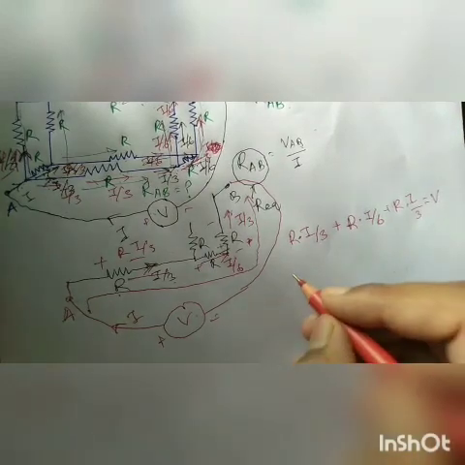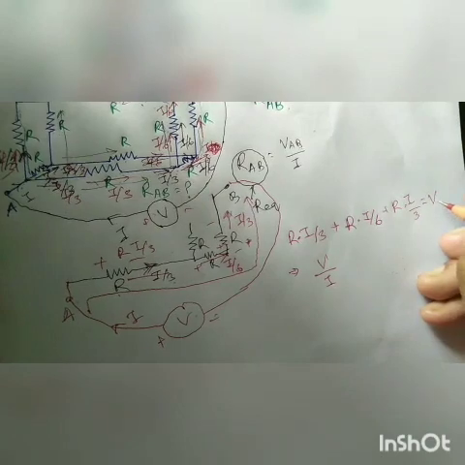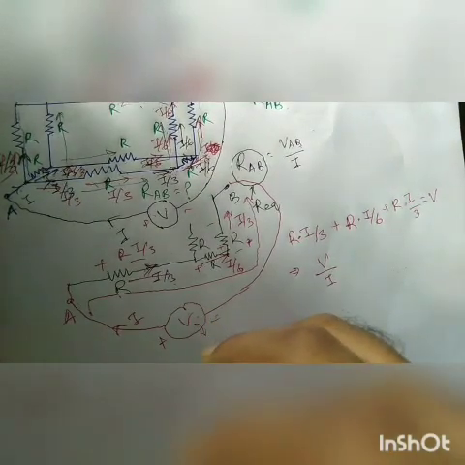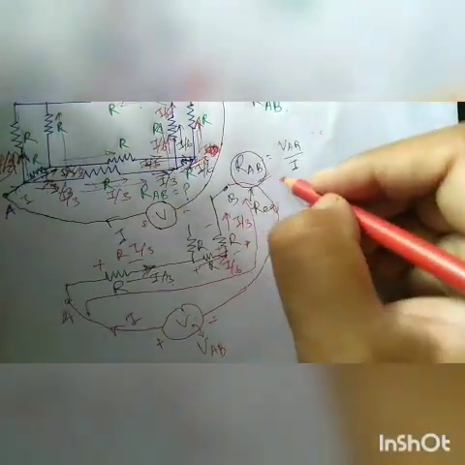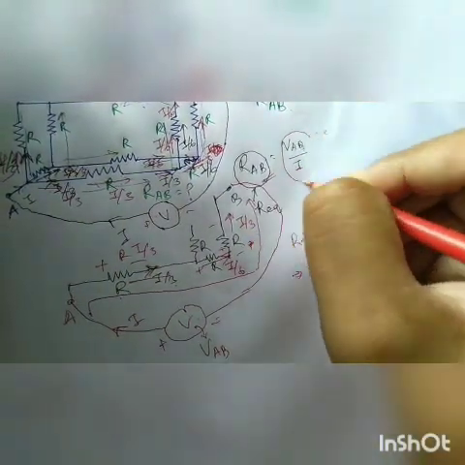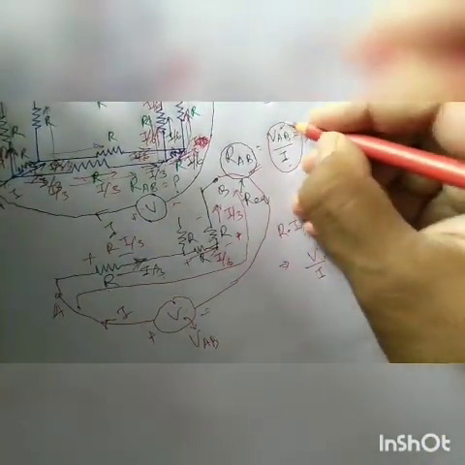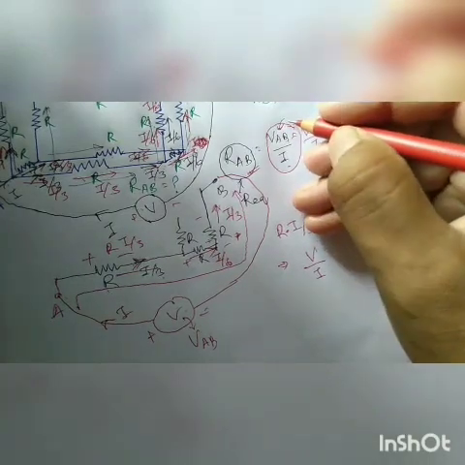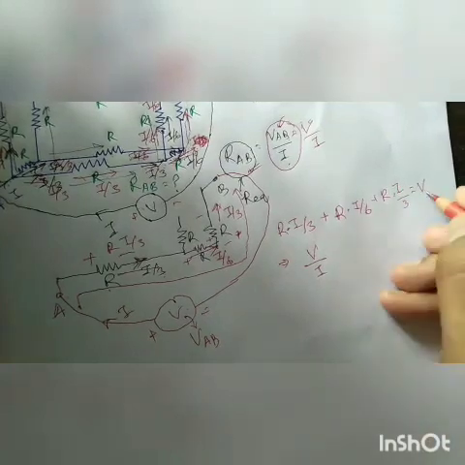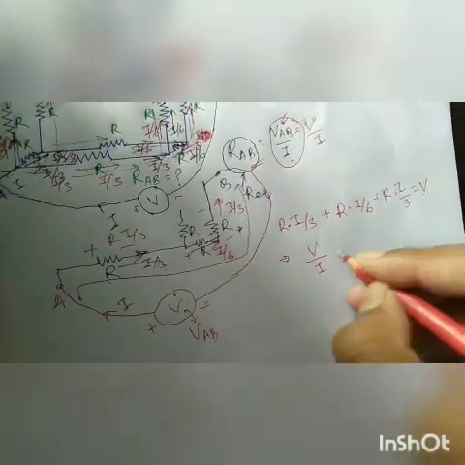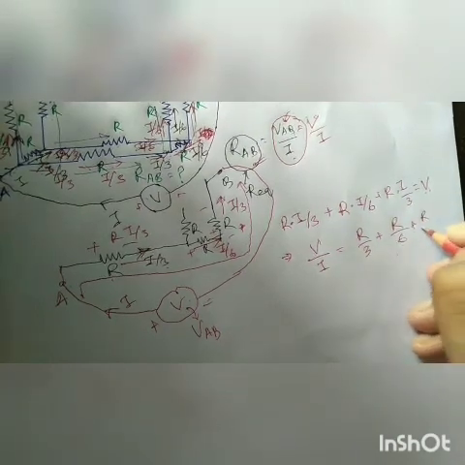So from here we can get V by I. Actually what is this? This is the voltage across the AB branch, VAB, and we have already said that to get RAB we have to divide VAB by I, which is V by I. VAB is nothing but the voltage across these two nodes A and B. From here we take I, so it will give R by 3 plus R by 6 plus R by 3.